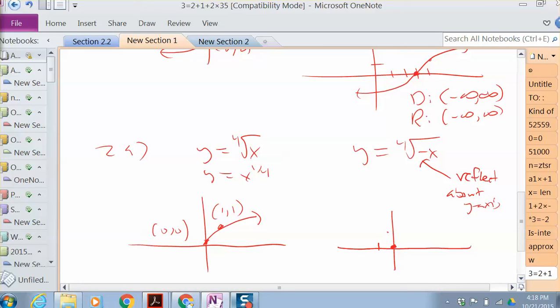But you could plug in negative 1 for x, and of course, negative 1 is 1, fourth root of 1 is 1. So essentially, it's like you're multiplying your x values by negative 1 when you compare it to the parent function. Domain is going to be from negative infinity to 0, 0 is included. And the range is, of course, from 0 to infinity.